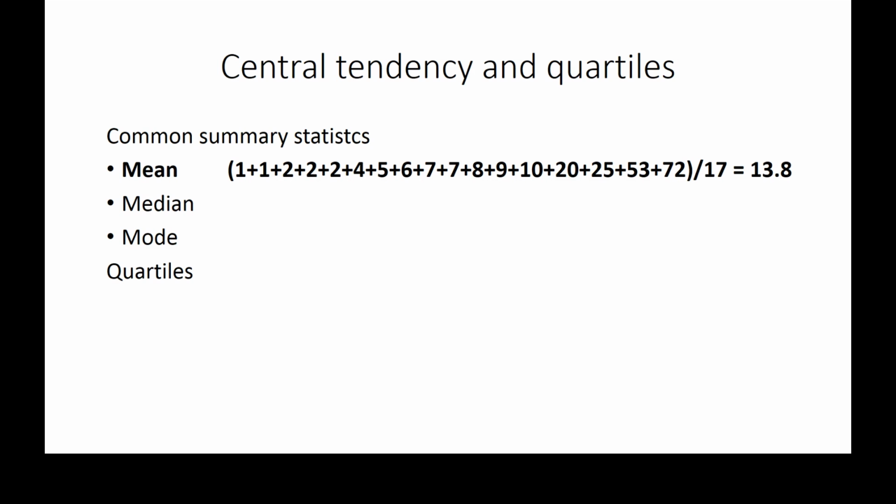Because it takes the value of all observations into account, it's also vulnerable to outliers. In the data on this slide, we see that most observations are 10 or less, but the top four, 20, 25, 53, and 72, pull the mean up to 13.8.